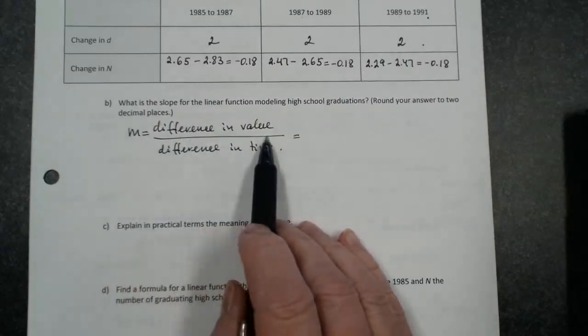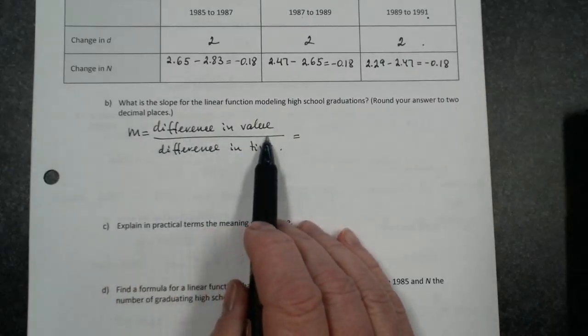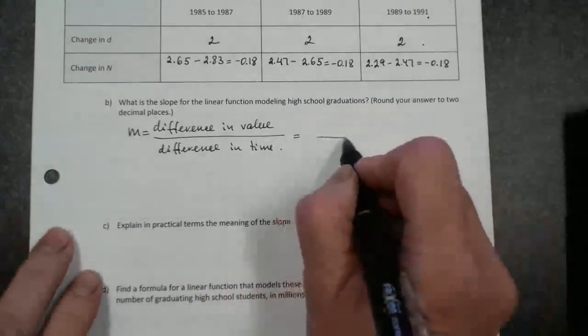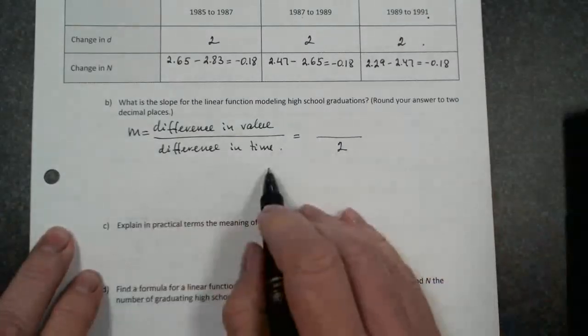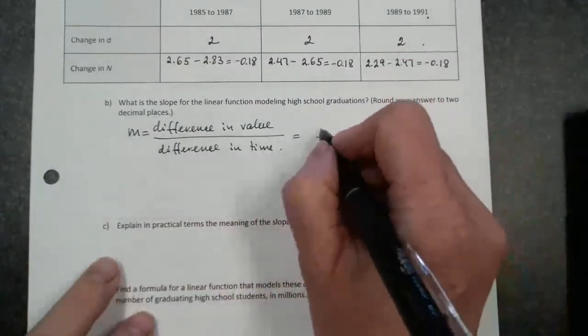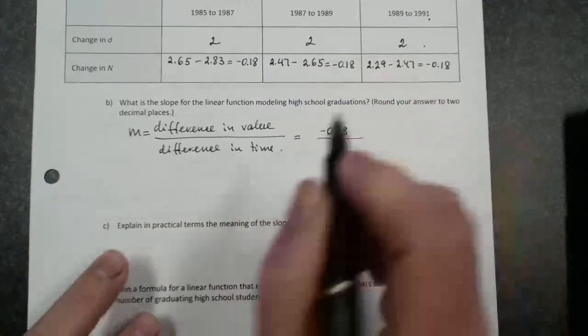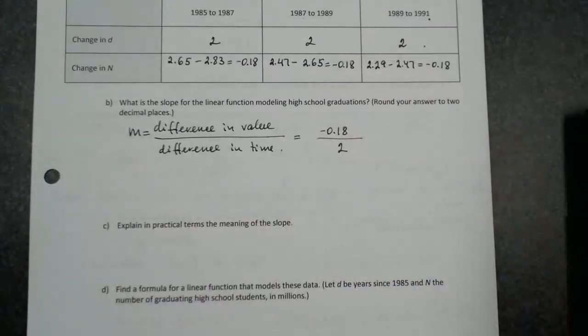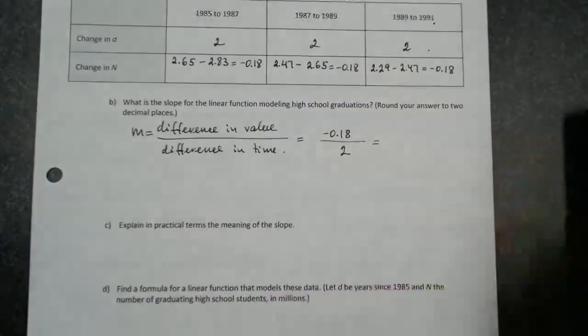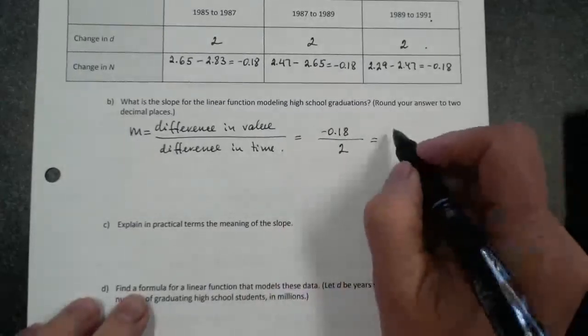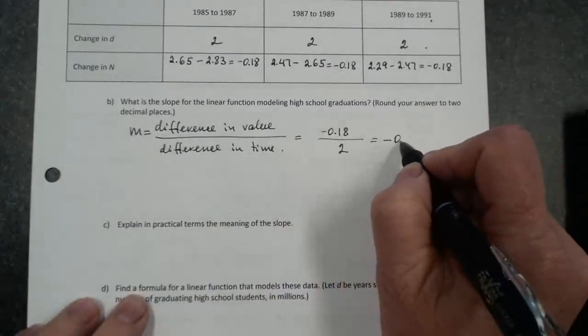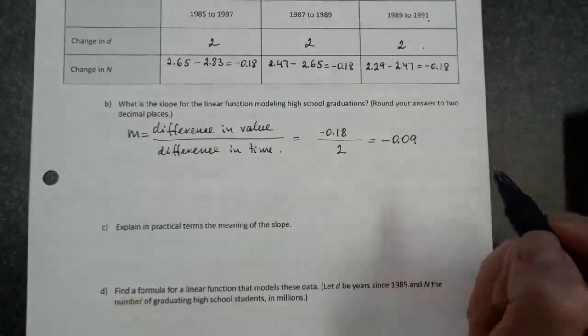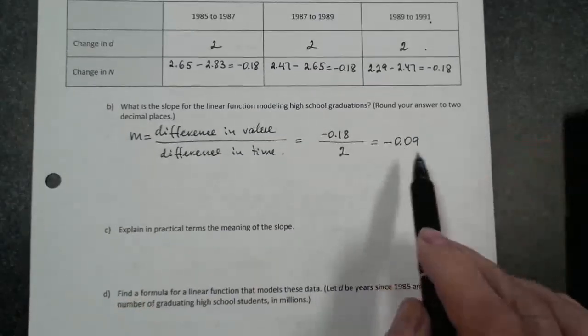So what is difference in value in this problem? 2 years. No, it's time, difference in time. Negative 2 I can put here, difference in time. Right. And negative 0.18 is difference in value. And if you divide this, it will be negative 0.09. Right? Do you have 0? Yes. Okay.